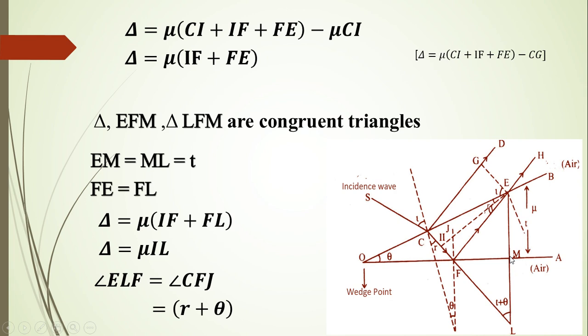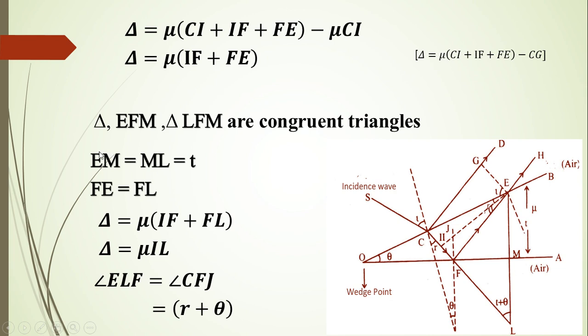So ML is also equal to t, and FE is equal to FL. So EM is equal to ML is equal to t, where t is the thickness of the thin film, and FE is equal to FL.